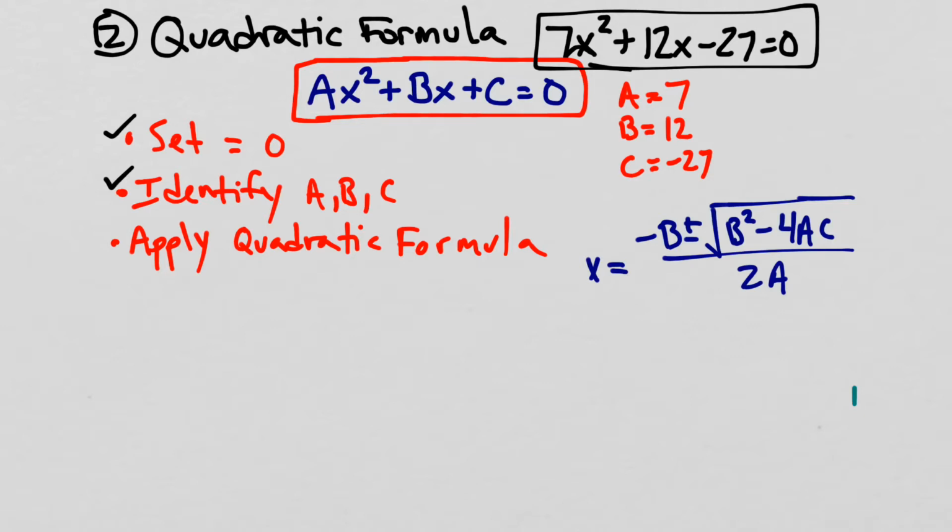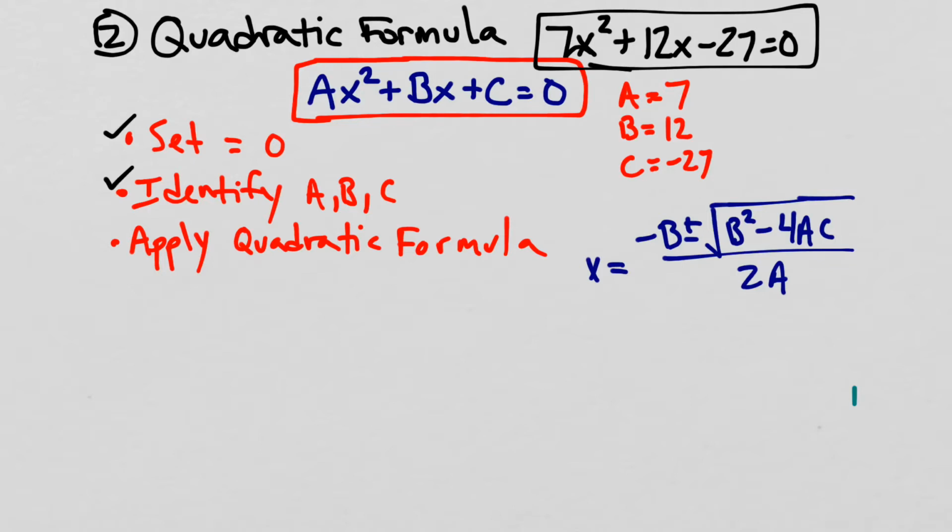We now apply what is called the quadratic formula. The quadratic formula is all based on the numbers that represent each of the a, b, and c, and it becomes just a formula.